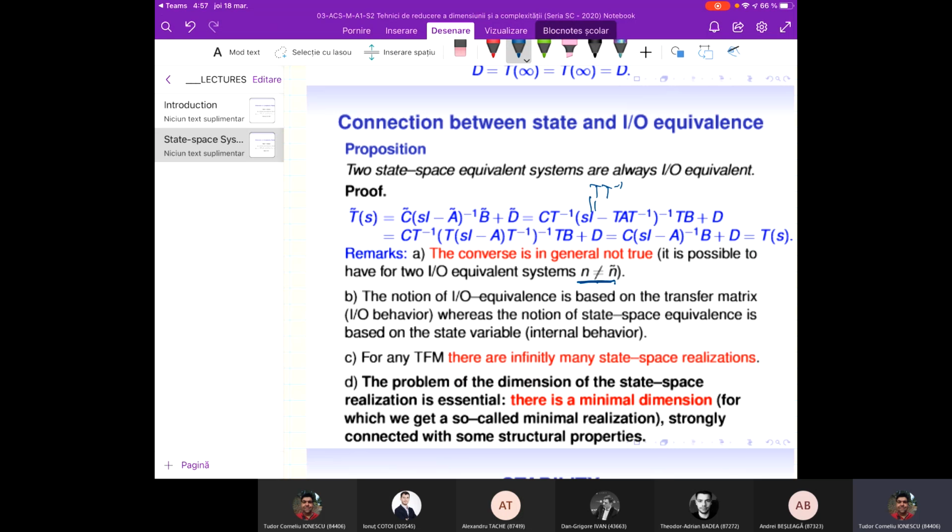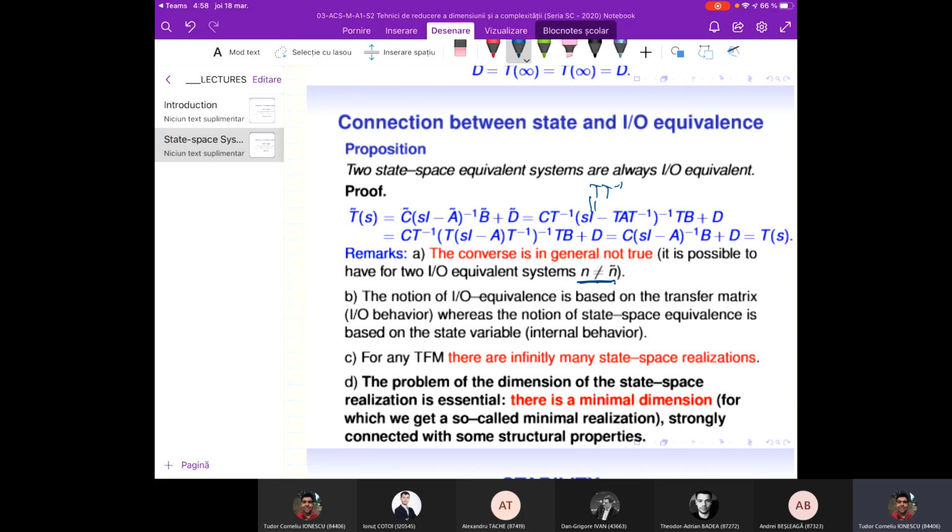So this is purely exact. However, approximation goes even further, trying to approximate with a dimension which is lower than the minimal, exactly computed dimension of a state space realization. So for the minimal dimension, we get the so-called minimal realization, strongly connected to the structural properties of the systems.